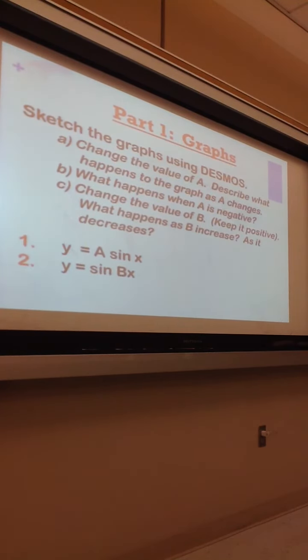Talk to your partners, see what they have, check with another group. So when it is negative, it flips. Yeah. It would be if it were positive. It might be nice to see multiple graphs together, like y equals 3 sine x, 4 sine x, 5 sine x.